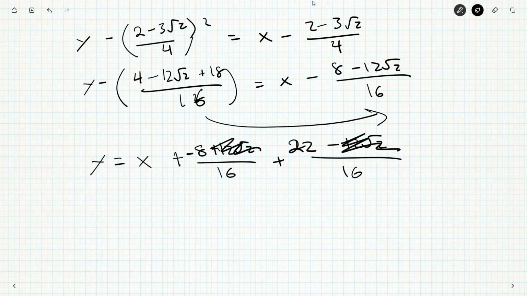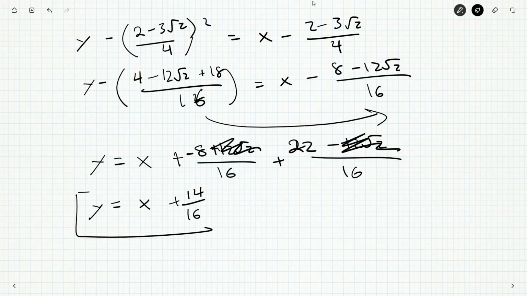These cancel out, and it's 22 minus 8 over 16. So y equals x, 22 minus 8 is 14, x plus 14 over 16. So that's a little strange. I guess we could simplify that. So y equals x plus 7 over 8.